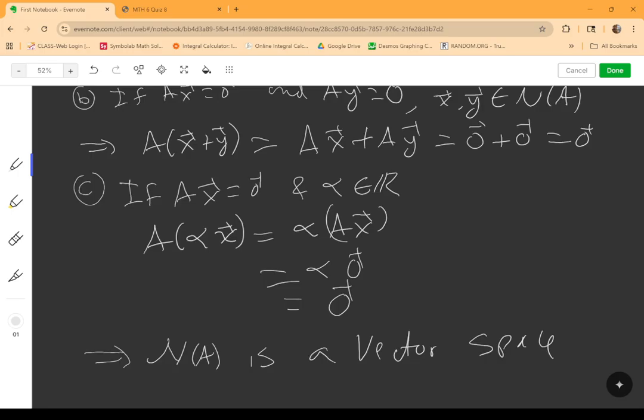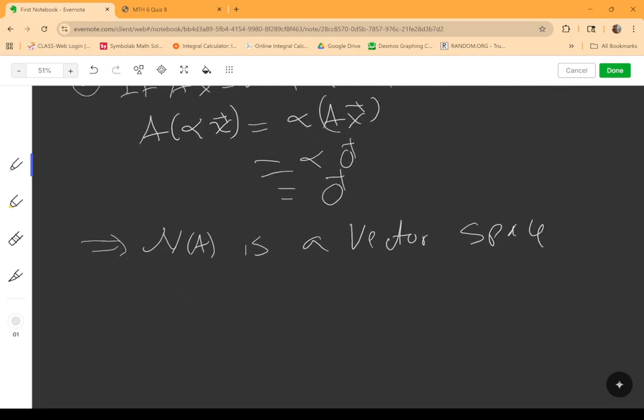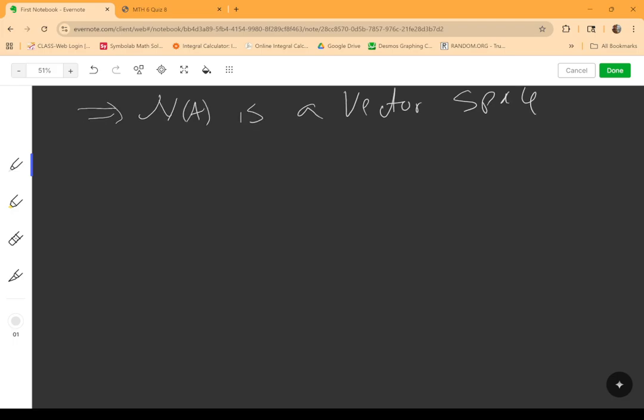Now the next example we're going to take a look at is that, in general, the span of a set is a subspace. Here's what I want to prove.